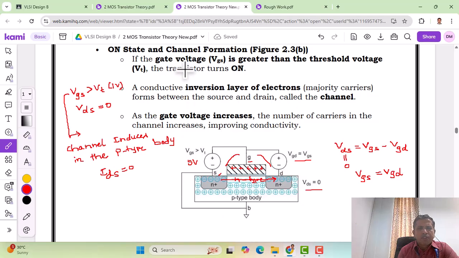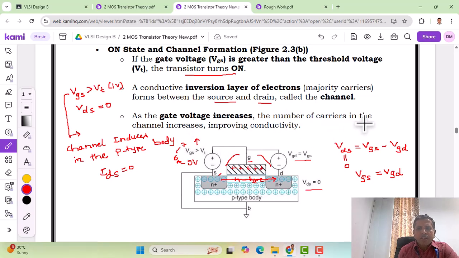Let's go through the points here. The gate to source voltage greater than the threshold voltage turns on the transistor. A conductive inversion layer of electrons, the majority charge carriers, forms between the source and drain. We have seen that there is a formation of an N-type channel between the source and the drain region. As the gate voltage increases, as we increase VGS from 5 to 6, or 6 to 7, or 7 to 8, what will happen?